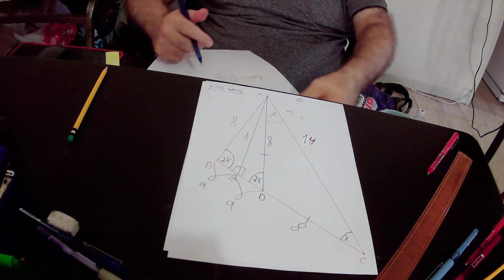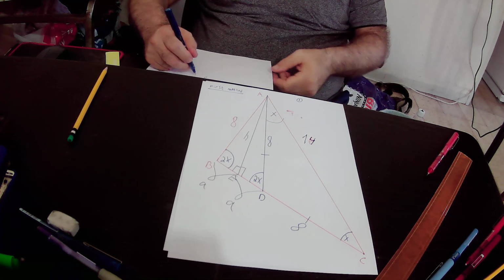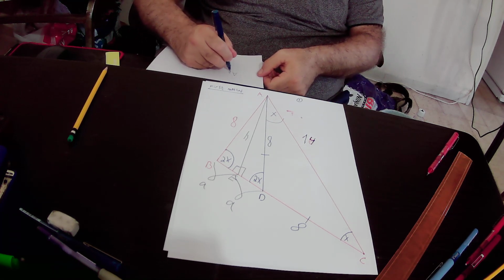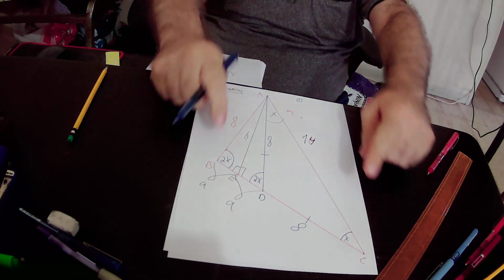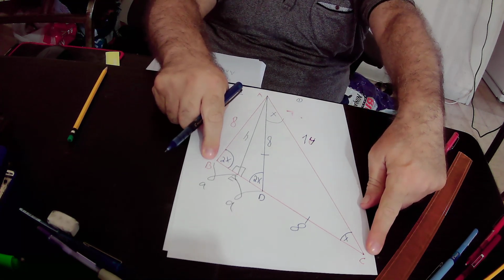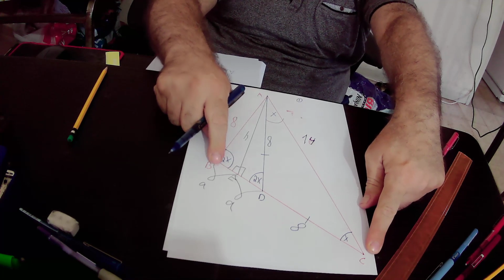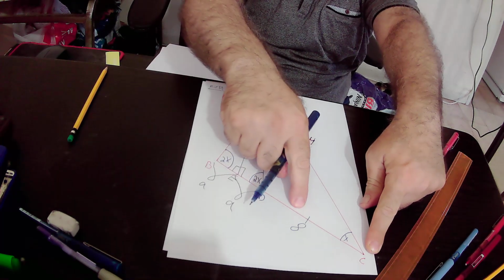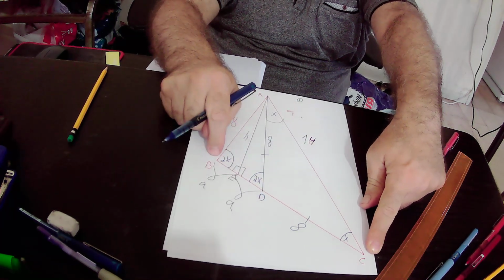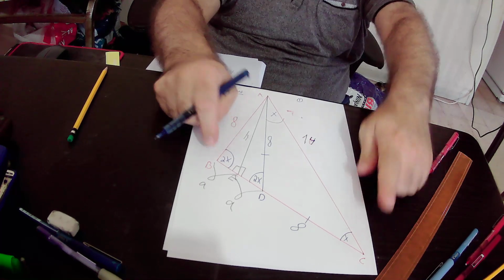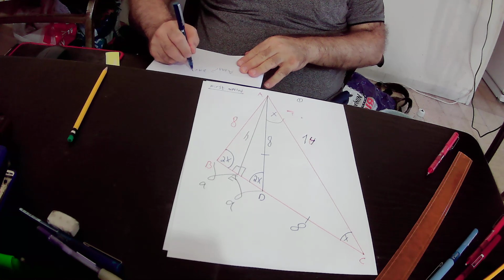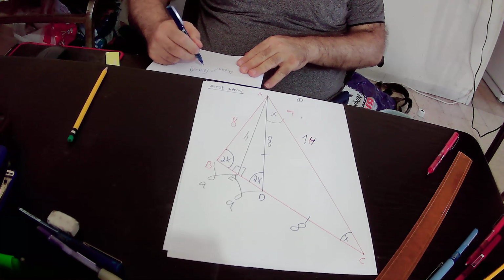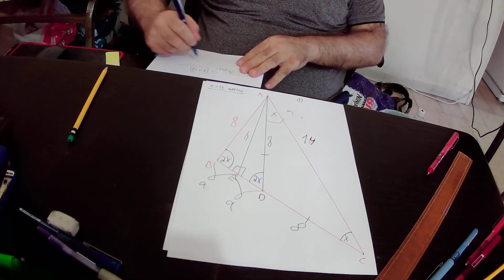What is the value of BC? BC equals A plus 8, or BC equals 2A plus 8, over 2.